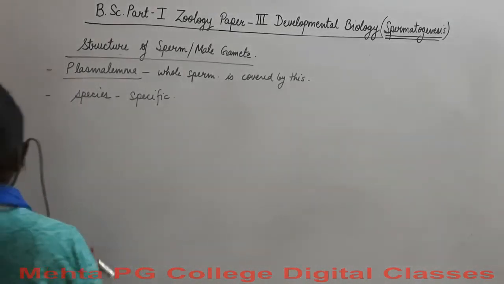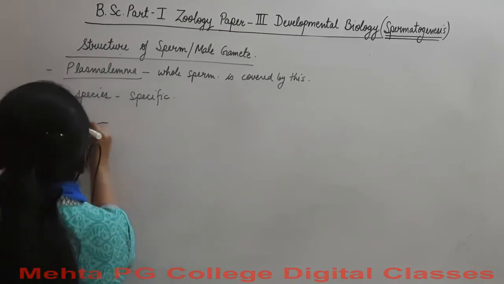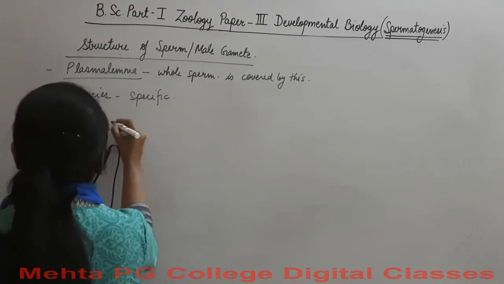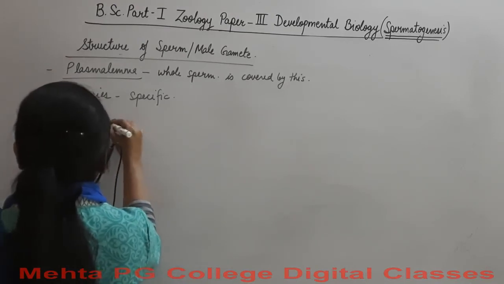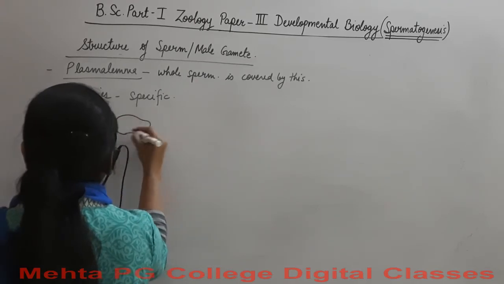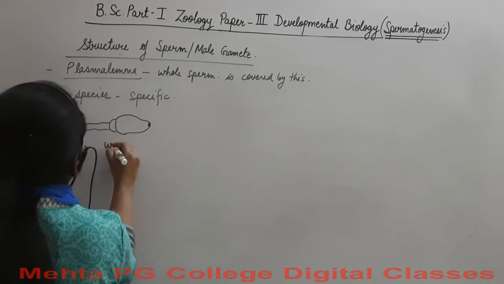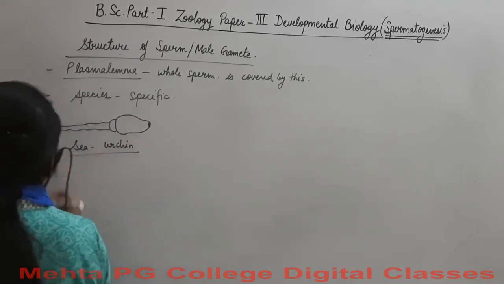Here we can see some examples of how the sperm structures are present, and that they are species specific, just by diagrams. When we talk about the sea urchin, this is the structure of the sea urchin sperm or male gamete.